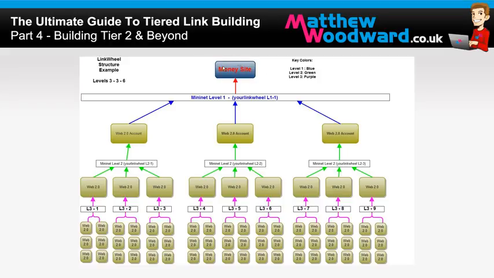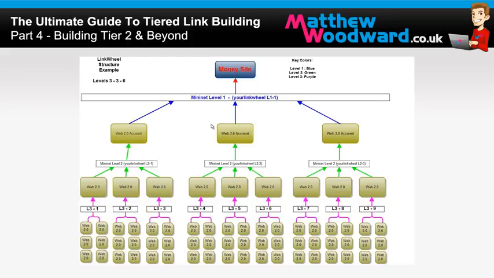So up here you should assume that these are all our tier 1 links. Now I want you to pay attention to this levels number here, 336. What that means is that the first 3 are these 3 tier 1 Web 2 accounts. The second 3 means for each of the tier 1 accounts it will build 3 Web 2 accounts.